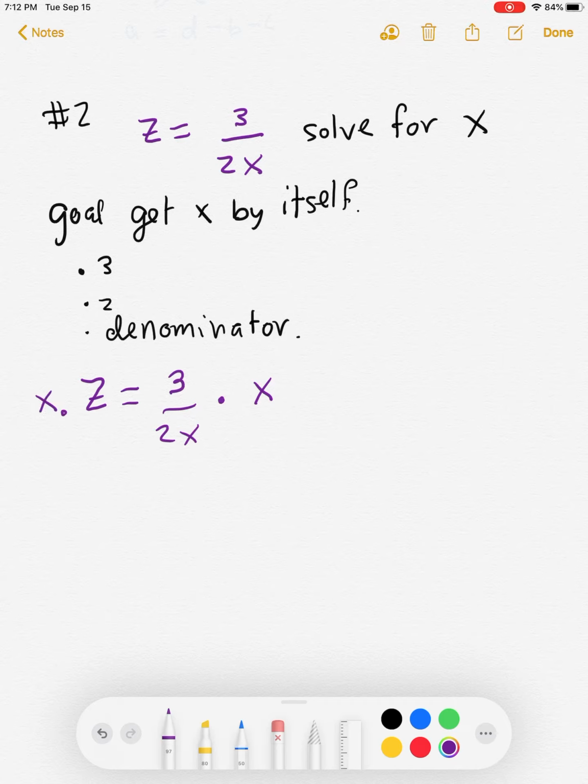Now, this is one of those things that is going to help you out in the future if you get in the habit of it. If you've got a denominator and you're multiplying, multiply by the whole denominator. It'll just keep things a little bit more simple for the future. So in this case, I'm going to multiply by 2x. Notice I'm multiplying by two things at the same time, which is the multiplication property of equality.